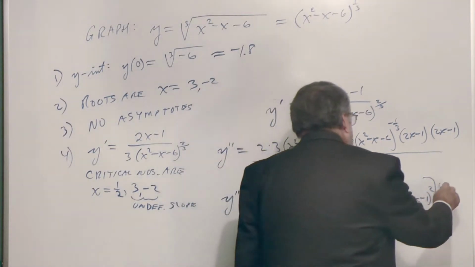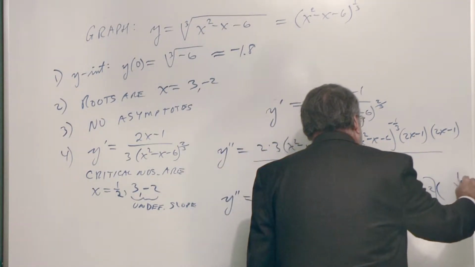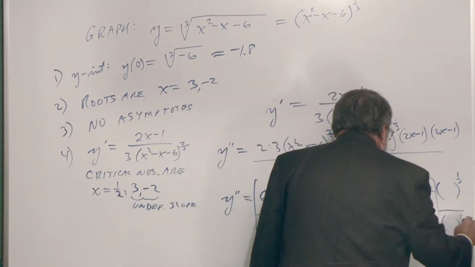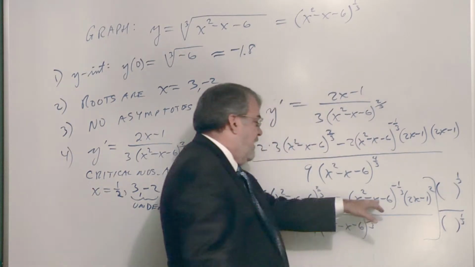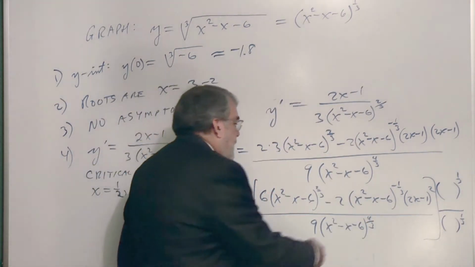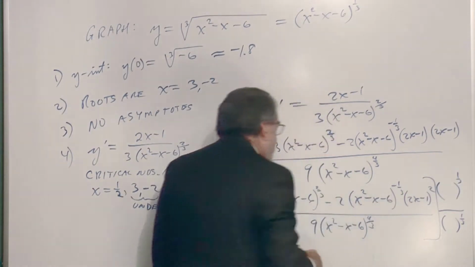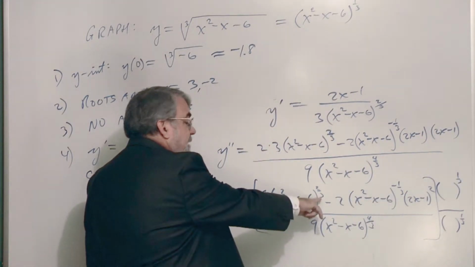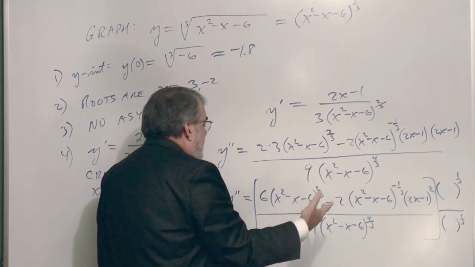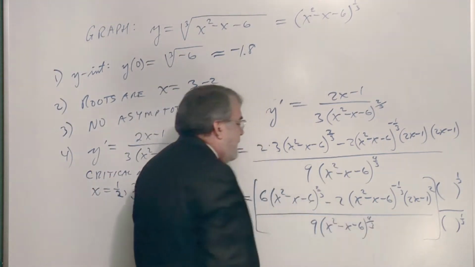I'm out of room, so let me put parentheses to the 1/3 over parentheses to the 1/3, which is x squared minus x minus 6. Otherwise I would normally write it out. I chose that because I wanted this to cancel. And unfortunately, this will make this a 1st power, because 2/3 plus 1/3 is 1. And then this will be like a 5/3.